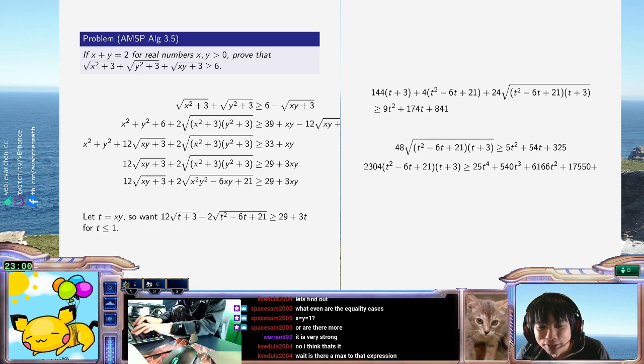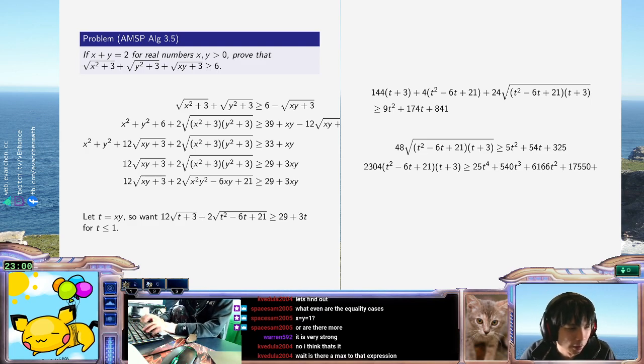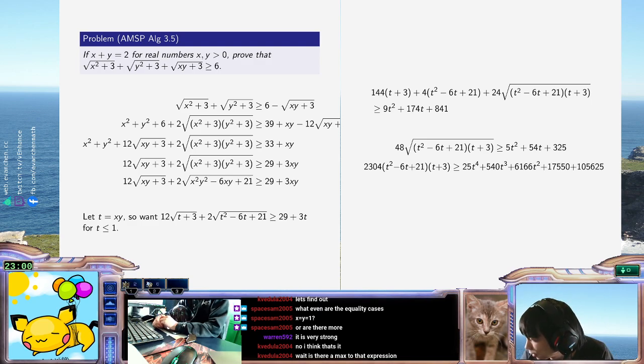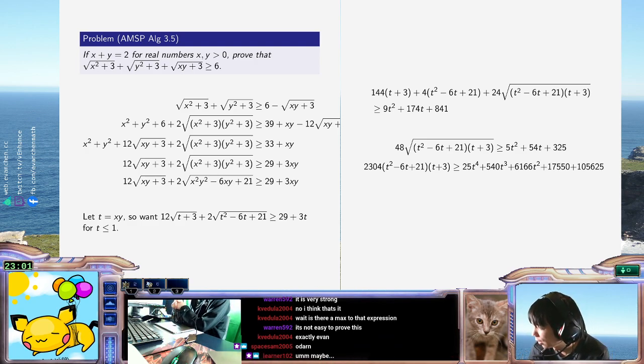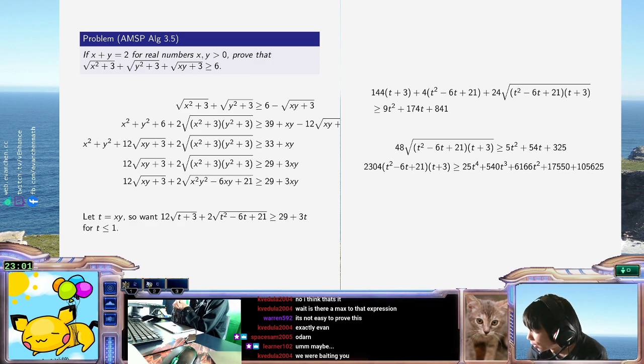When you were telling me this is not that bad, were you just saying that to bait me? I can't even debug this anymore. I'm trying to plug in t equals 1 and I'm not fast enough.